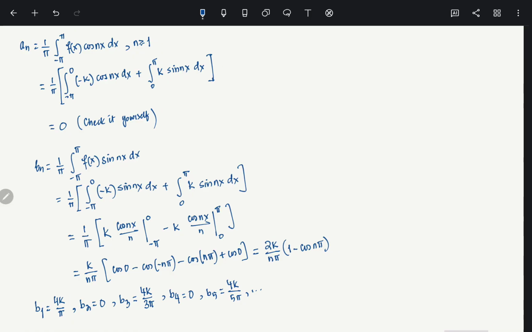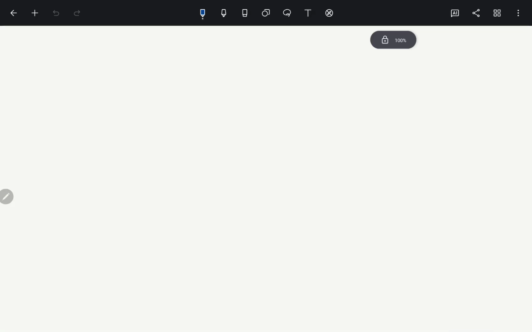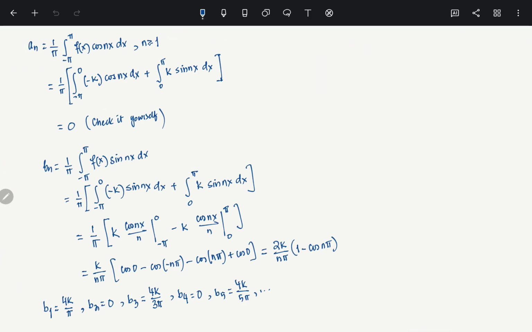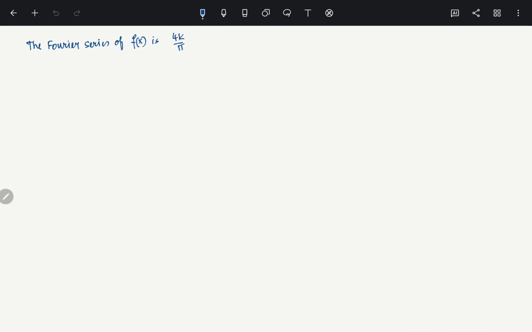So let me write down what the series is. In this case, the Fourier series of f of x is given by 4k by pi, then b1 times sin x, b2 times sin 2x, but b2 is 0.